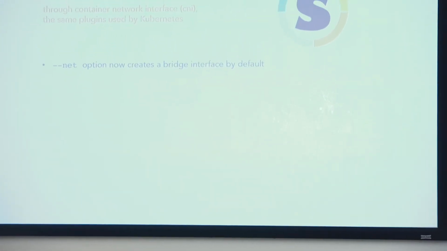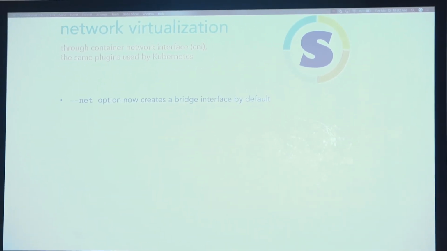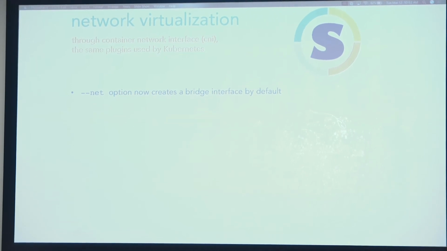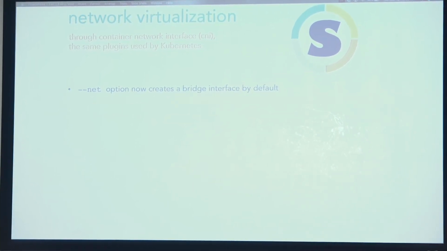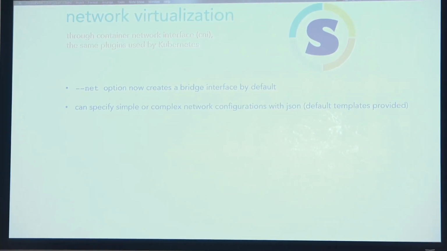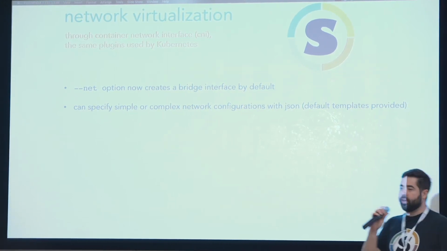Okay, so network virtualization. It used to be in 2.x that if you passed the --net option, then you entered a new network namespace and then you were on your own. You had access to the loopback device, and that was it. Now, by default, we're going to create a bridge interface between your host system and your container for you. This is infinitely configurable.